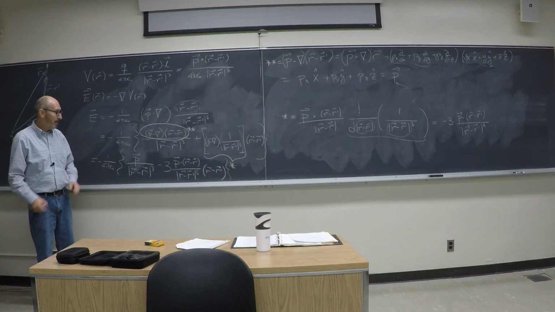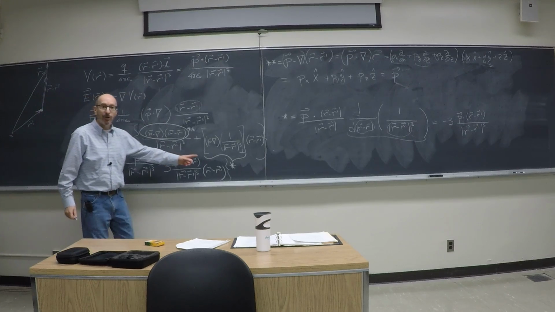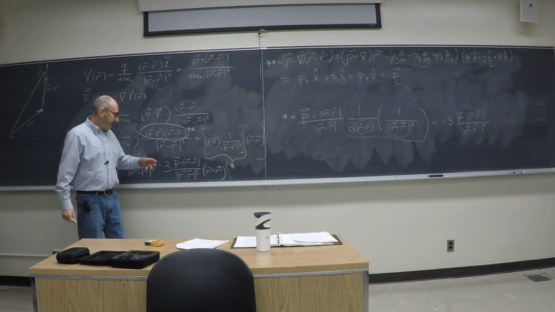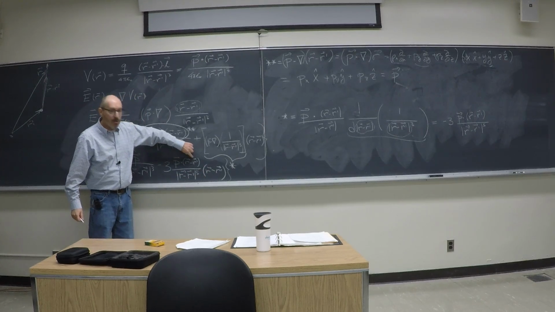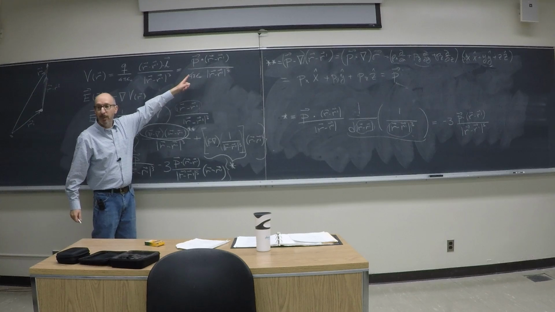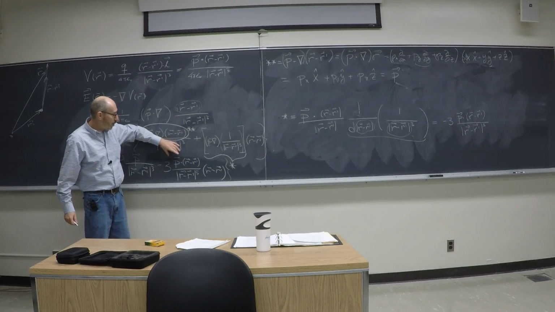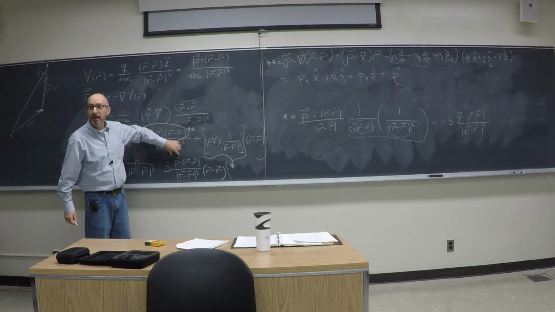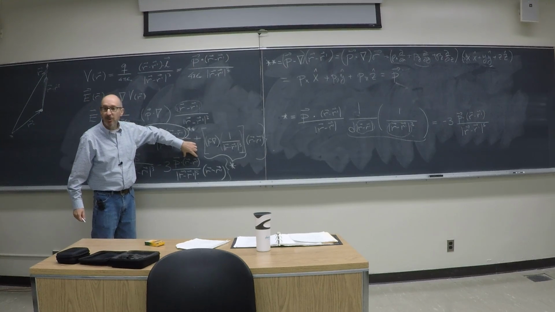So I come back to this one. What about the second term? This is a little bit more complicated. But there is a p dot (r minus r prime), similar to the one we were just discussing. So if you work it out, it's going to be the magnitude of p times the magnitude of r minus r prime times some cosine. Right?